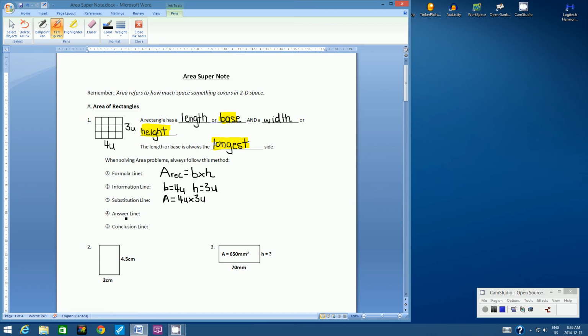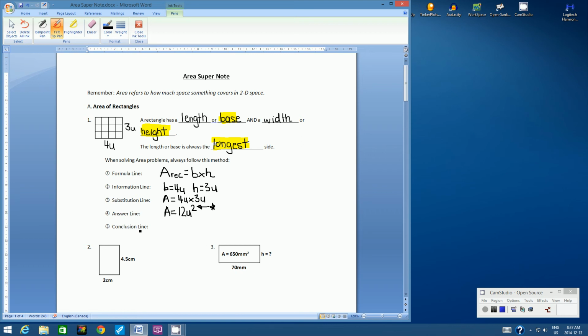The fourth line is the answer line, where we do our calculations. So area equals 4 times 3 is 12. And don't forget our units. In terms of area, remember, area units are always something squared. Okay, this is very important to remember.